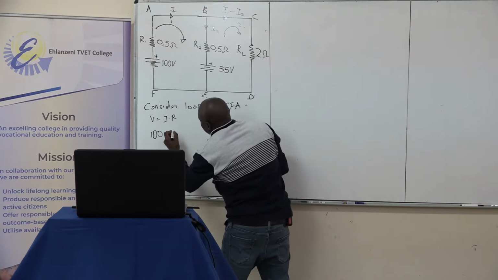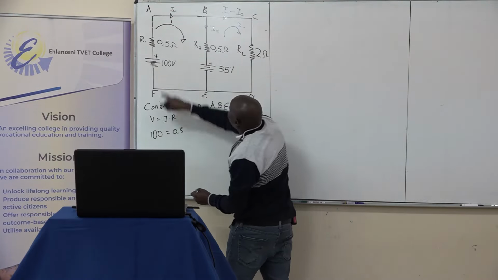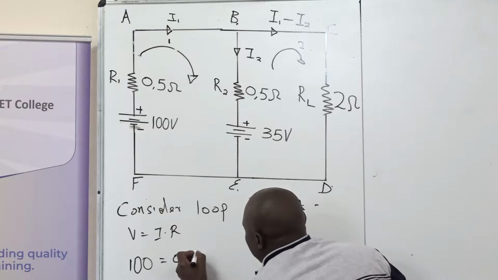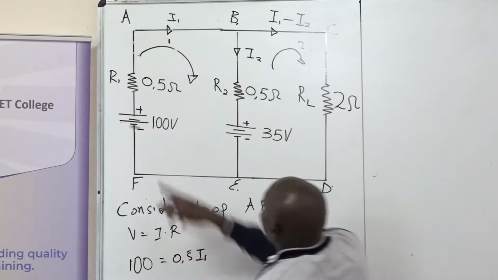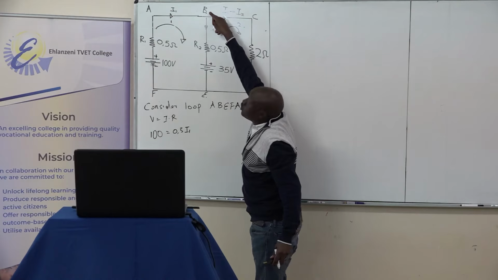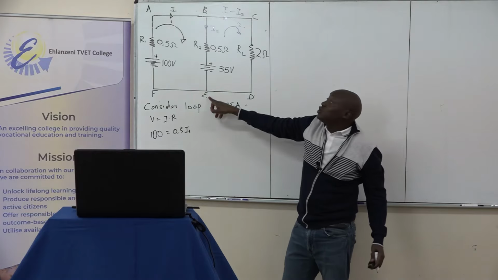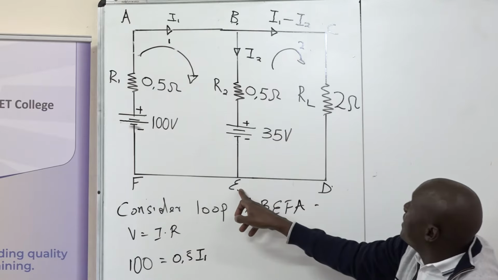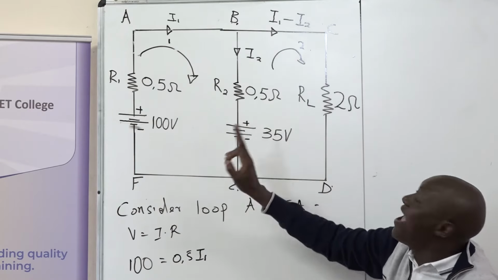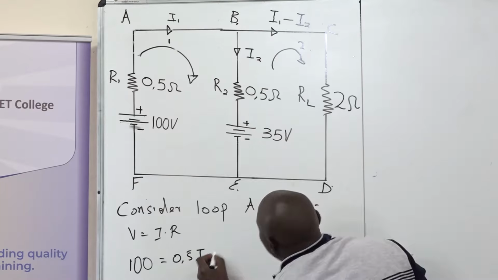We're having 0.5 as our resistance, and the current I1. Then I'm supposed to go from point B to point E. Points B and E contain I2 and R2.